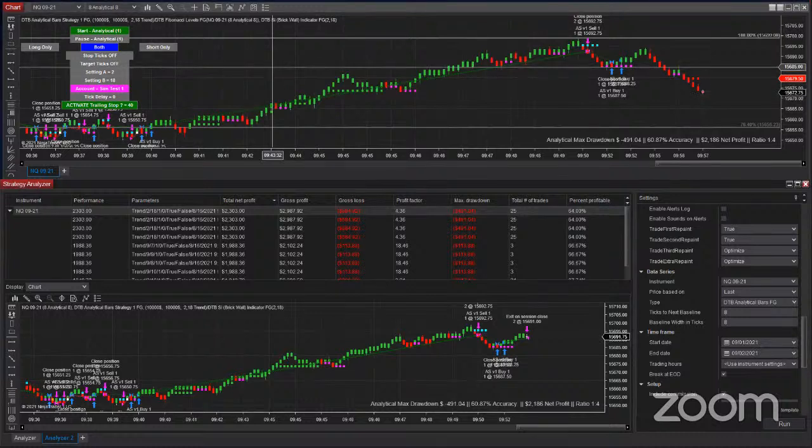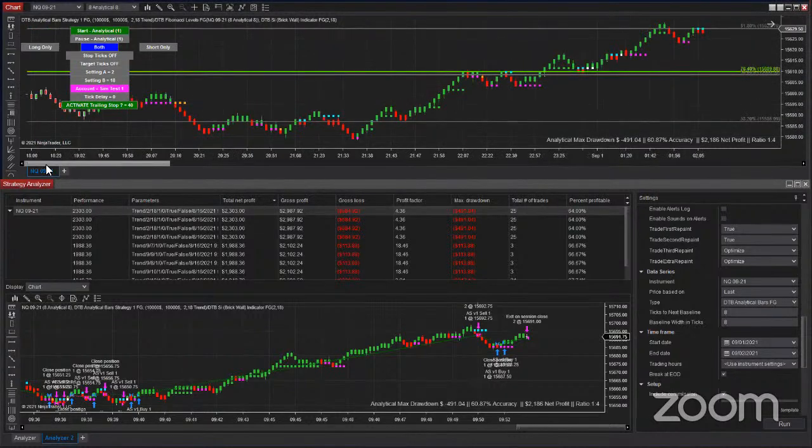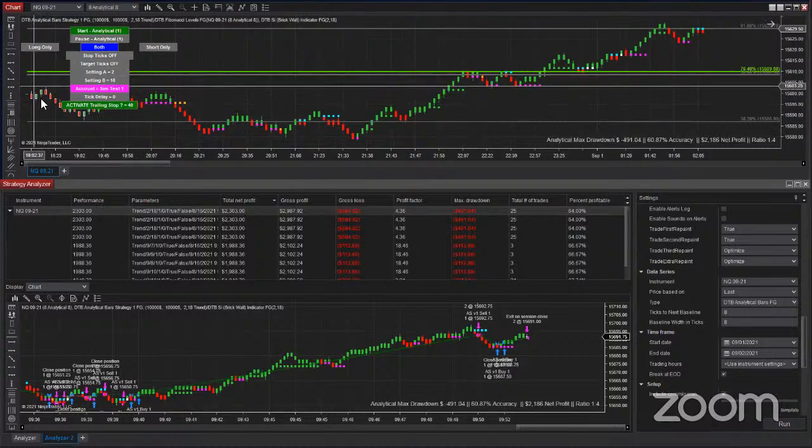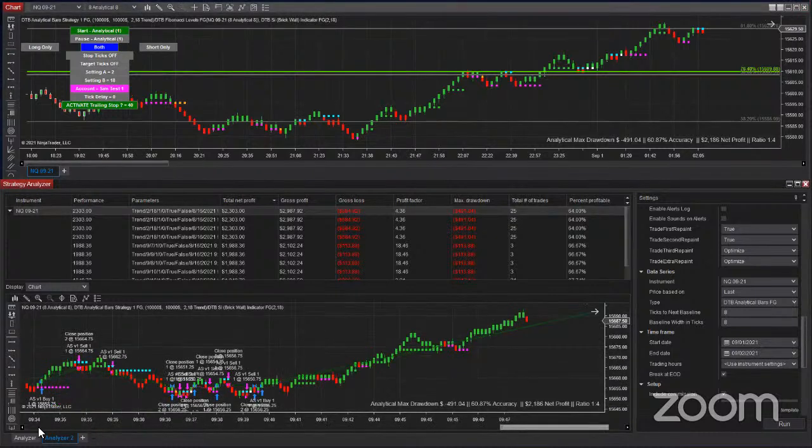is not the same. Okay, so quickly scroll back on your trading chart to the very beginning of your trading chart. Okay, on the strategy? On both. So your strategy, your trading chart that you got your strategy enabled on, scroll back to the very beginning. On your strategy analyzer, so if you've got your strategy analyzer on your screen like I have, scroll to the very beginning of your chart.